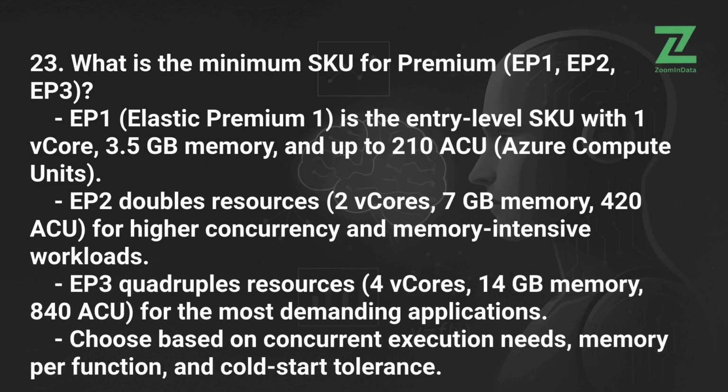EP2 doubles resources: 2 vCores, 7 GB memory, 420 ACU, for higher concurrency and memory-intensive workloads. EP3 quadruples resources: 4 vCores, 14 GB memory, 840 ACU, for the most demanding applications. Choose based on concurrent execution needs, memory per function, and cold start tolerance.